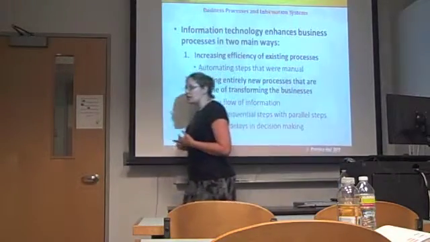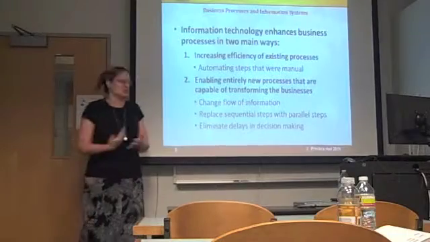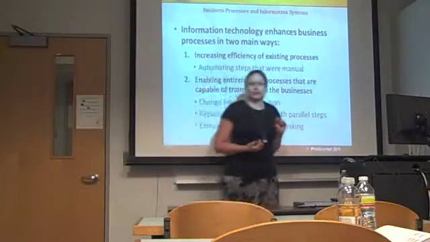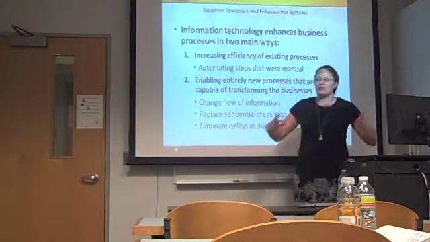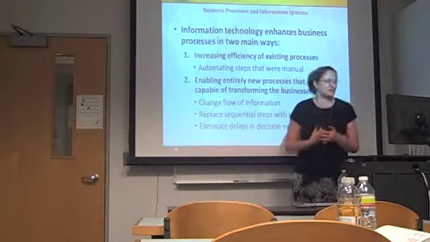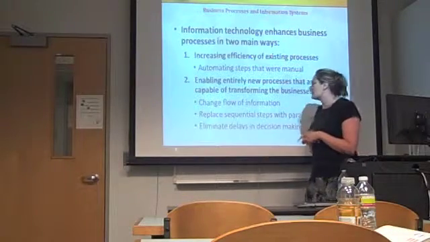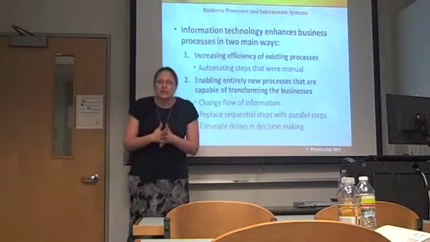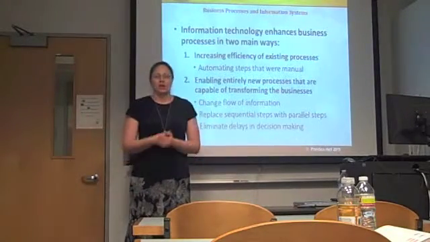Some of the ways that an information system can help to enhance existing business processes: you might make changes to some of your existing processes, automating certain steps so that things are more efficient, things happen faster, and you can possibly be more productive. Enabling new processes: you might be looking at your existing processes and decide that you're going to create all new processes.